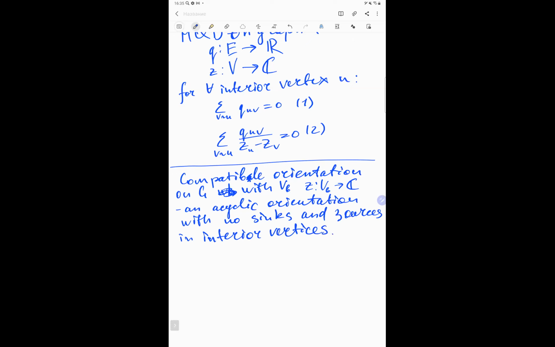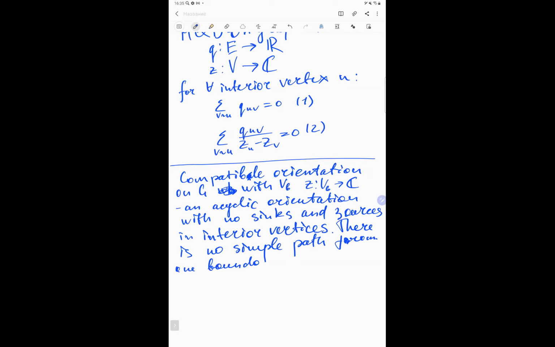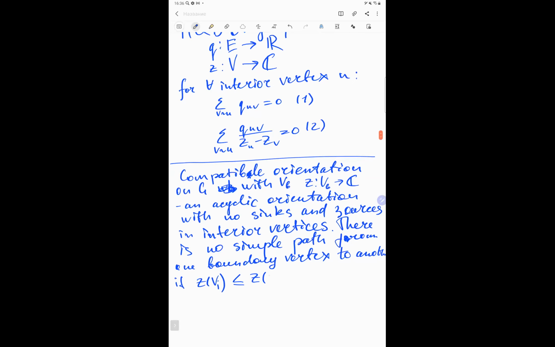And we also want to say that there is no simple path from one boundary vertex to another if z of v_i is less than or equal to z of v_j.